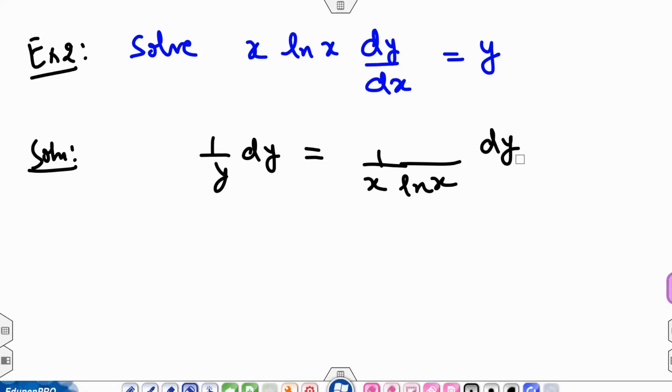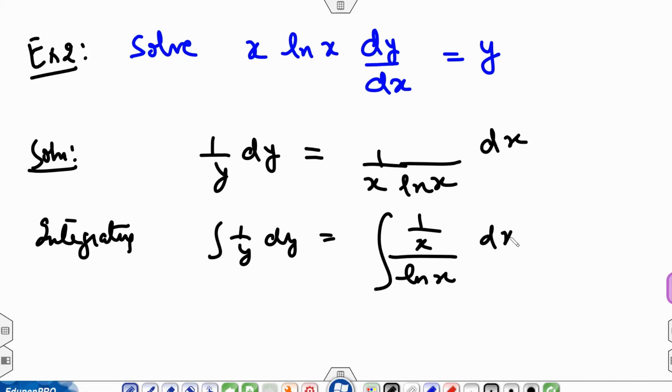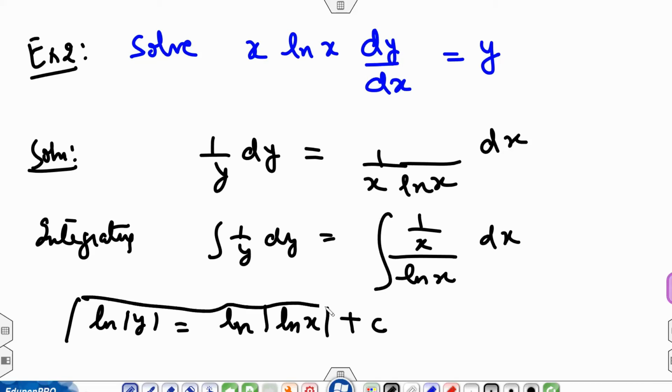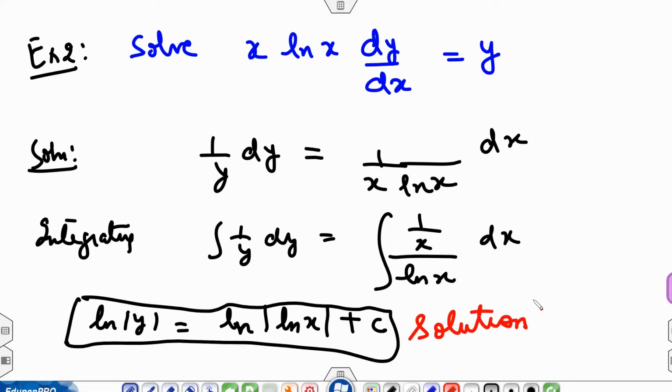You will get this. So now we will integrate it. So integrating, what I'll get? So you can see that this is simply my solution, where again this c is an arbitrary constant. So this is the required solution of this differential equation.